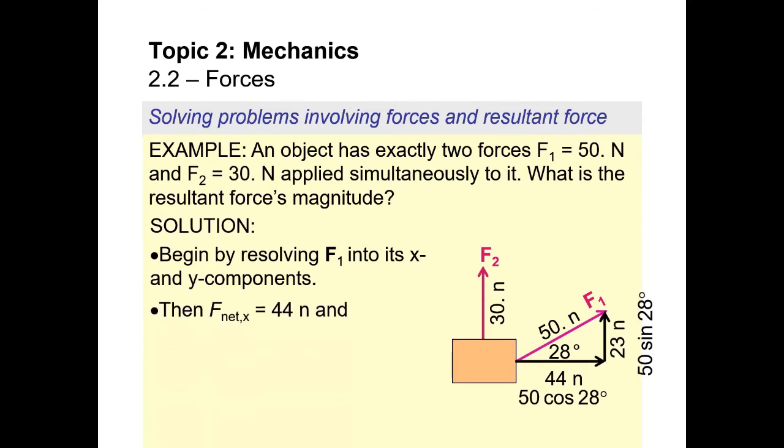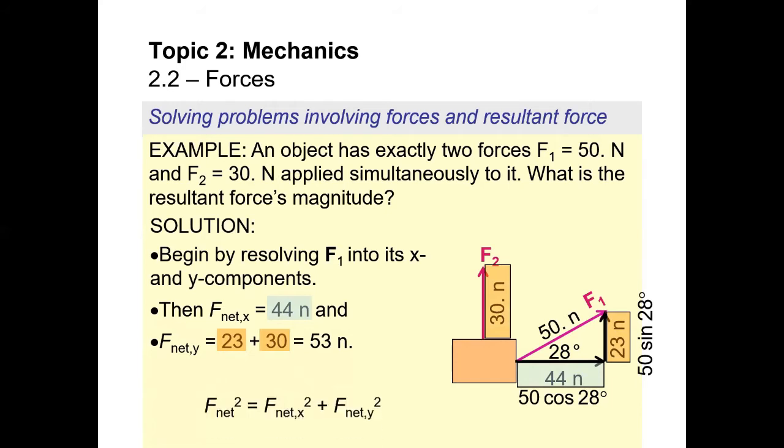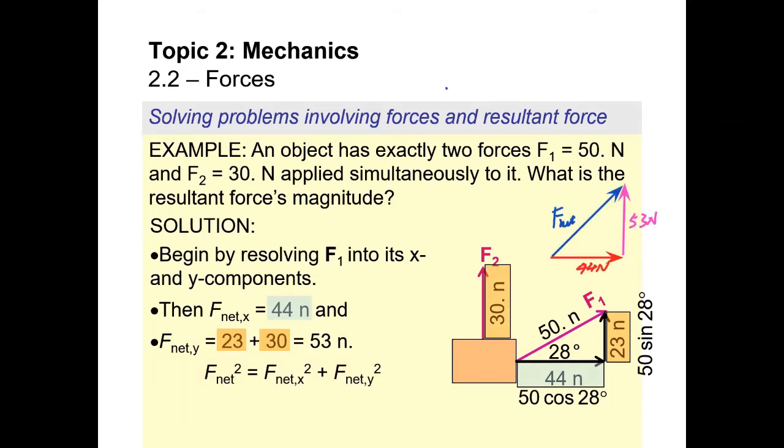Net force in the x direction is just 44 newtons. F net in the y direction, we have 23 newtons plus the 30 newtons, which gives us 53 newtons. So F net squared equals F net x squared plus F net y squared. That's 44 squared for the x component and 53 squared for the y component. So F net equals 69 newtons.